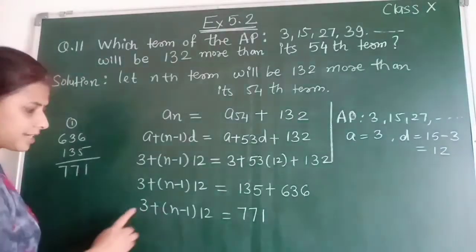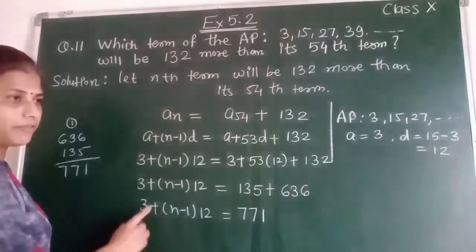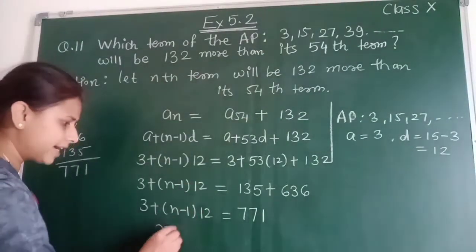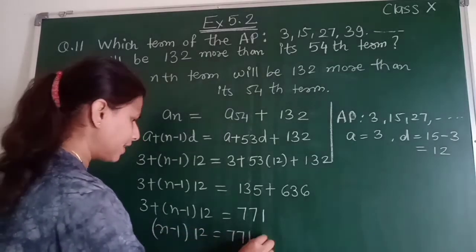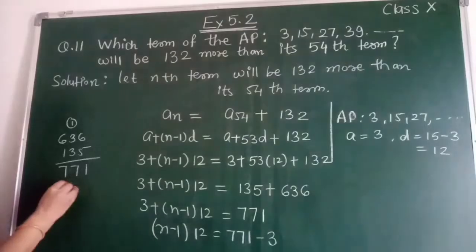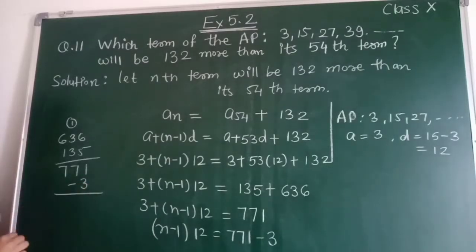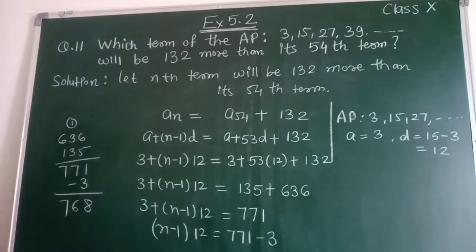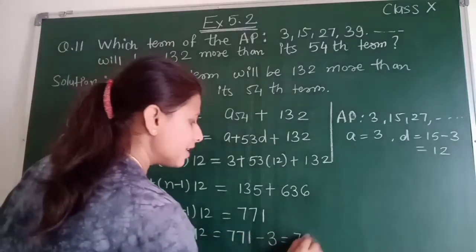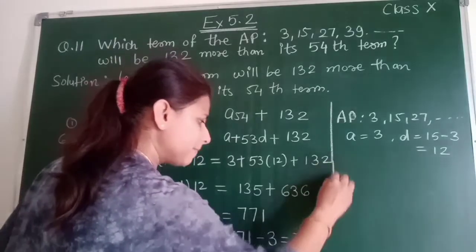771. Next step, now we will shift this plus 3 from the left hand side to the right hand side. We will get n minus 1 into 12 equals 771 minus 3. 771 minus 3. Yes, the subtraction will be 768.